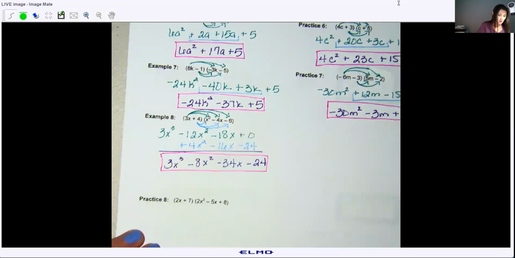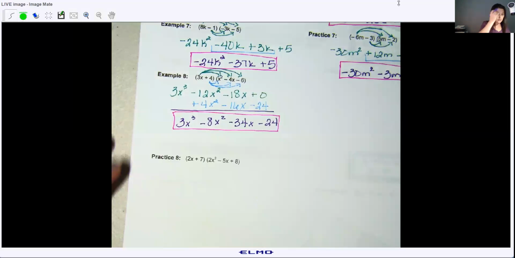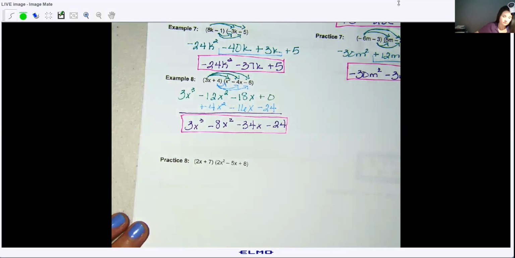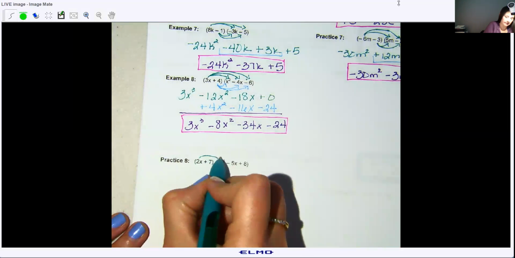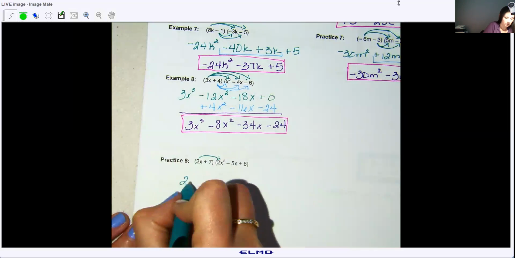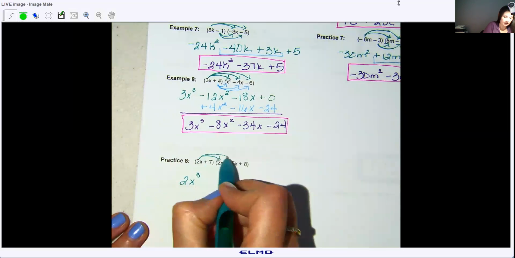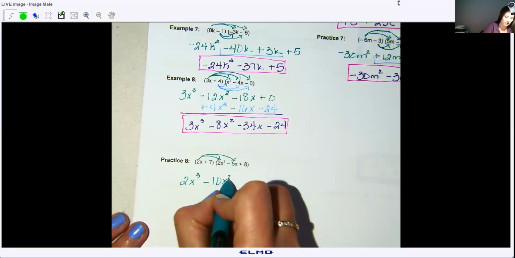Okay. All right, so for this next one on this page, I'm going to do the same thing I did up here. Okay, so I'm going to start with 2x times 2x squared gives me 2x cubed. 2x times a negative 5x gives me negative 10x squared.